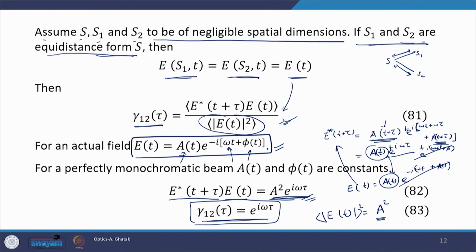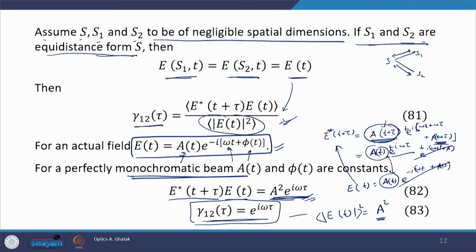And when it is 1, then the contrast is perfect. Now, this derivation was for a monochromatic beam. For a monochromatic beam, only A and phi are constant, and then we can write A of t plus tau is equal to A of t, because A and phi do not depend on any other parameter, because they are constant in themselves.